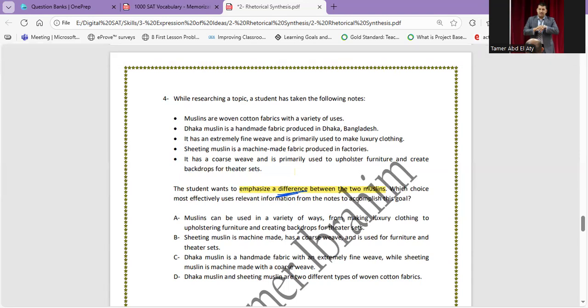From Khalid. From Hamza. Waiting for Muhammad Hani and Zain. I need the difference between the two muslins.